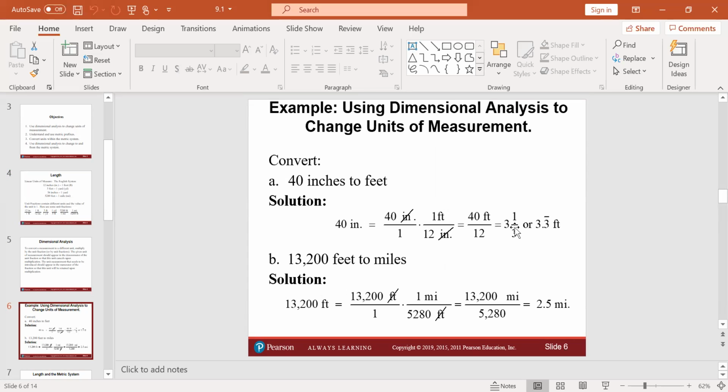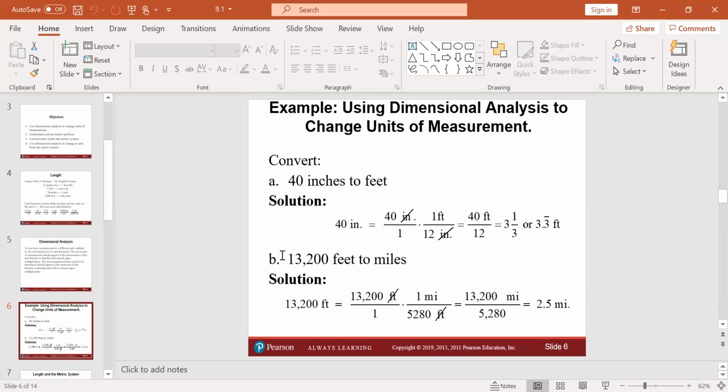That'll be the unit that stays after the dust has settled. With the fraction oriented like this, I see 12 is on the bottom, so I would do 40 divided by 12. My unit will be feet. And 40 divided by 12 can either be the fraction 3 1/3 or 3.333333 feet, however you want to say it. Or even 3 feet 4 inches.